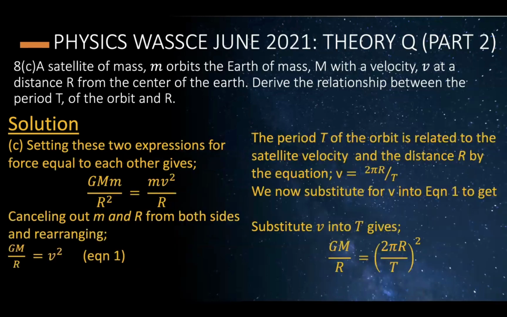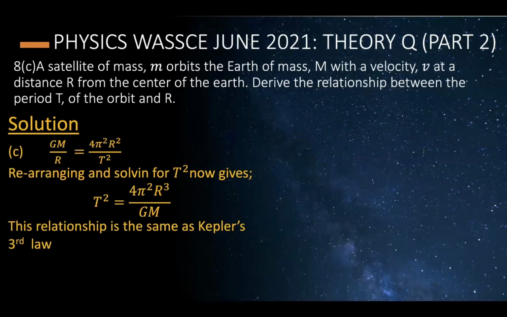Properly getting the derivation up to this point, we give you another 1 full mark, because introducing v equals 2 pi r over t is key to getting your final answer. If you're able to introduce that, that gives you another half mark, and your ability to successfully open up that bracket until you get to Kepler's third law will guarantee that you successfully answer this question.